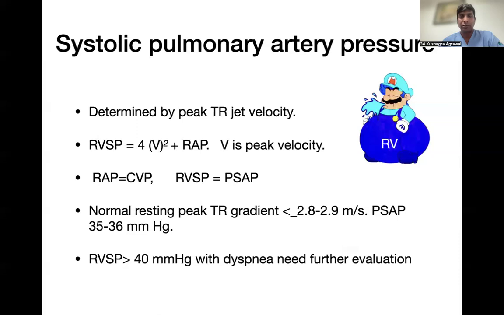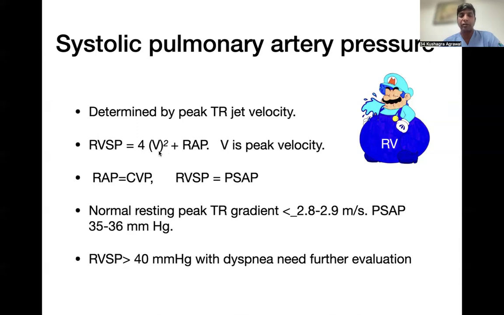Now, systolic pulmonary artery pressure. How can we measure pulmonary artery pressure? Pulmonary artery pressure can be measured using TR jet velocity. The higher the RV pressure, the higher will be the TR jet velocity. Based upon Bernoulli's principle, pressure can be measured using this formula: pressure equals 4V squared.